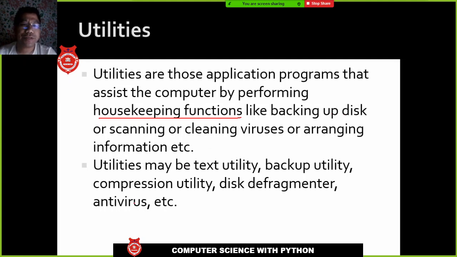So utilities may be text utilities for typing text, backup utilities for making backup copies, compression utilities to compress files, a disk defragmenter for rearranging the data in the hard disk, and antivirus. I hope you know what antivirus is, right? So these are the utility software.